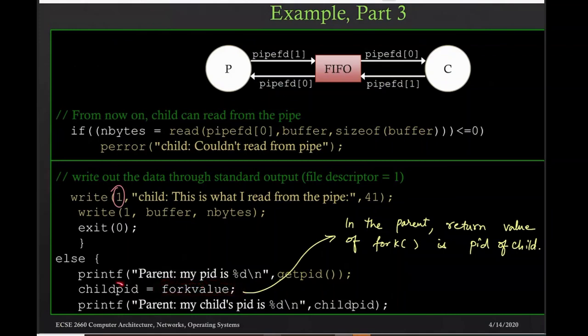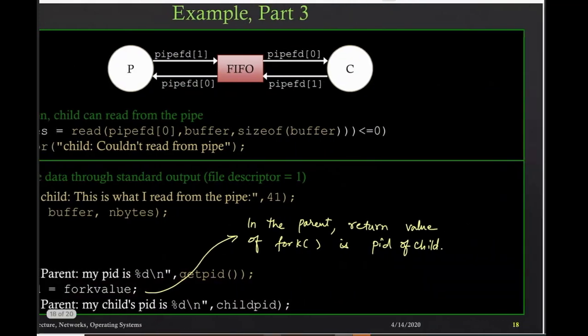So we are making that value go into child PID, and then literally what the parent is printing first is "parent: my process ID is" the process ID of the parent. Then it is saying "parent: my child's process ID is" whatever the fork system call returned in the parent process. So it's saying my process ID is this, my child's process ID is this. That's the first thing it is doing.